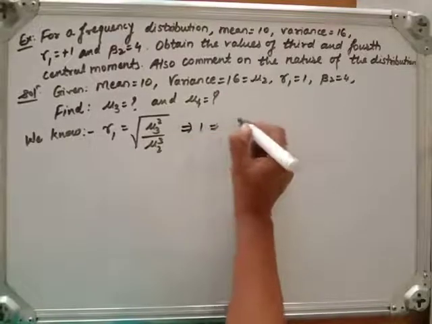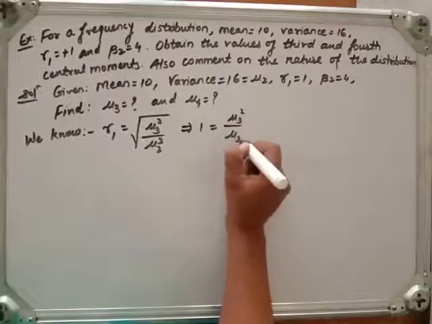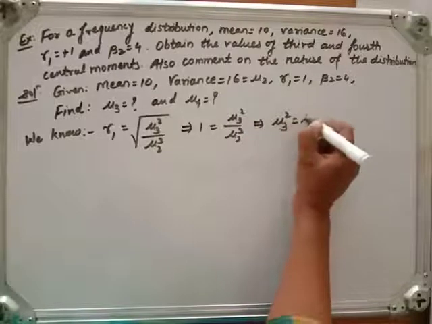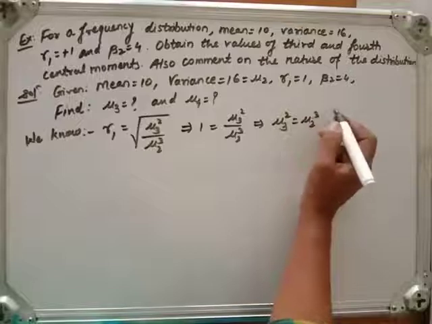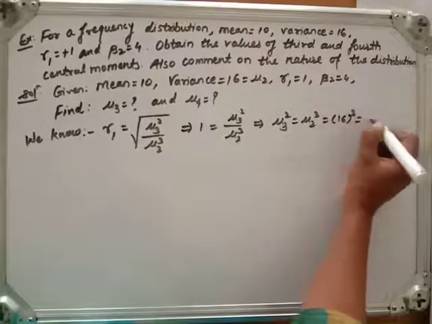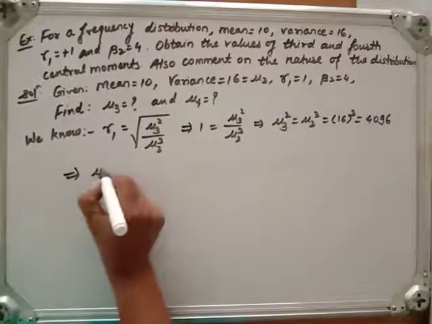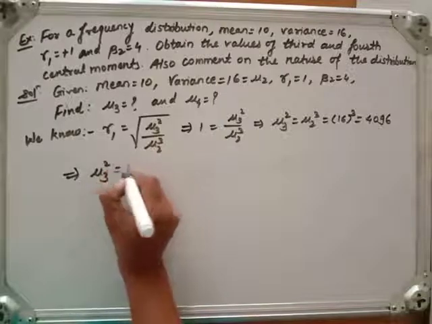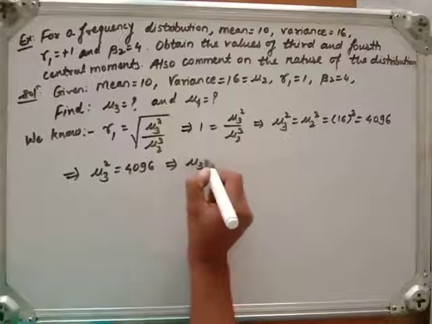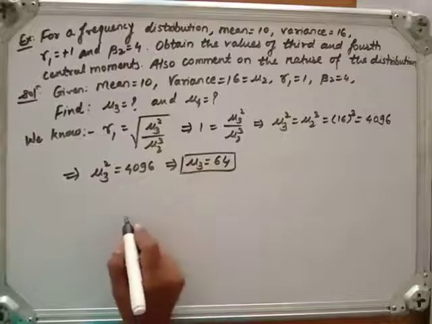So 1 equals mu 3 square upon mu 2 cube, that is mu 3 square equals mu 2 cube. And mu 2 is 16, so this is 16 cube, that is 4096. So mu 3 square is equal to 4096. That gives mu 3 equal to the square root of it, which is 64.